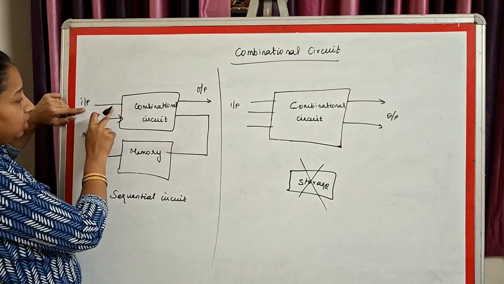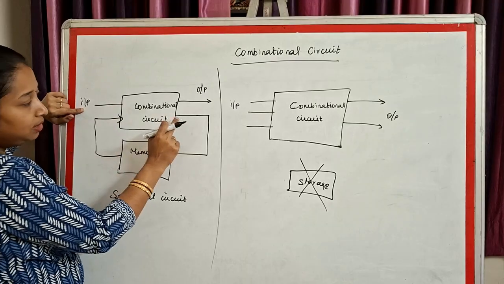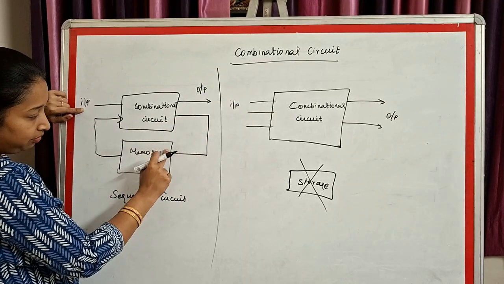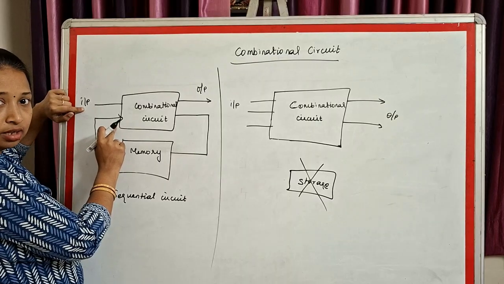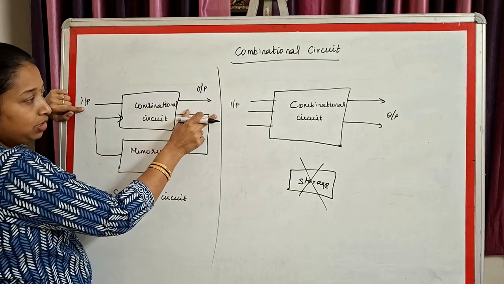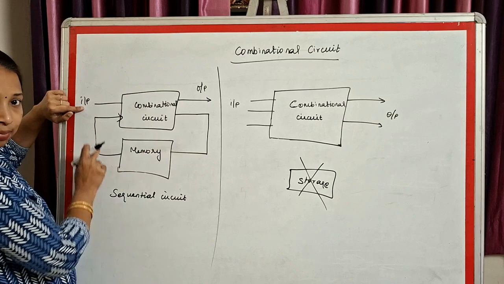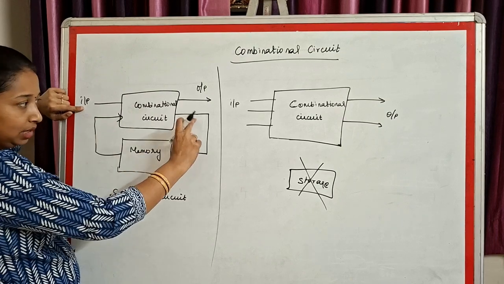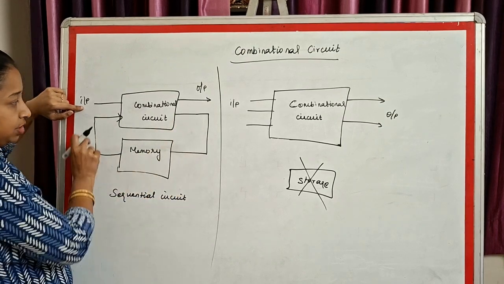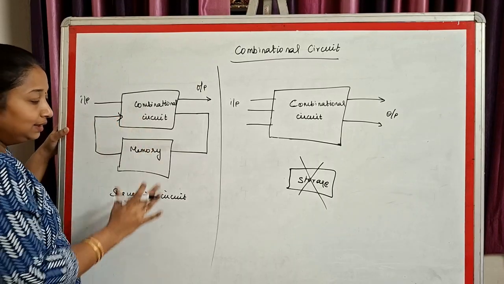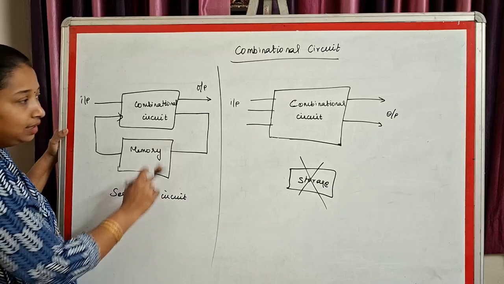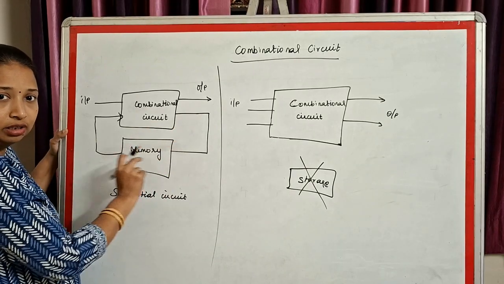Here, when you see, the input is not just here; the previous output is given to the memory and that is again fed back as input. What does it mean? The previous output, when it comes here, becomes the past output. A portion of the past output is taken and fed as input. Clear? This is called a sequential circuit. There is a feedback loop involved here.